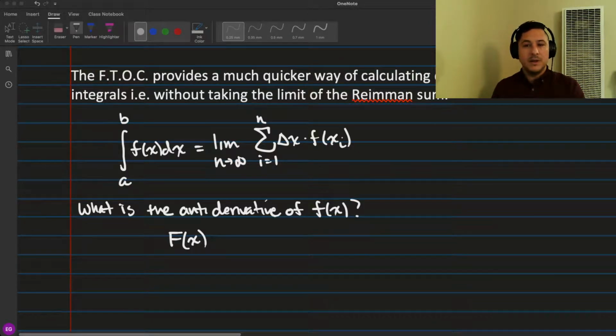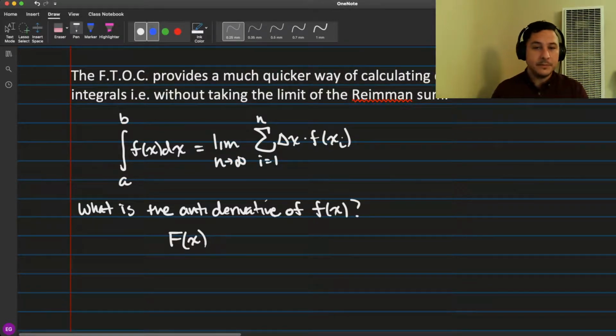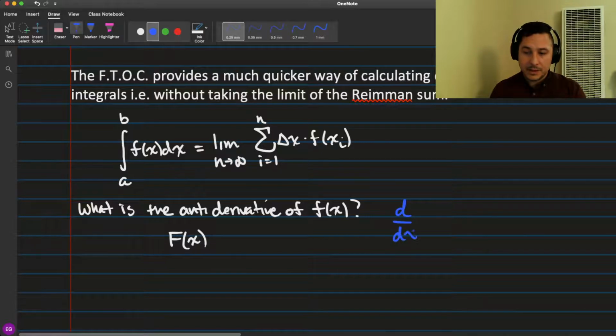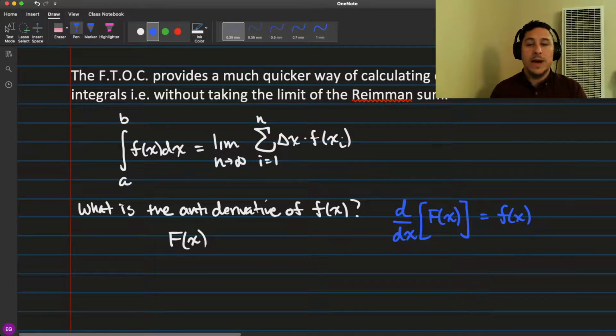You have to do something to big F and then it's equal to little f. Yeah, little f is the derivative of big F. So you know that big F is the antiderivative of little f if the derivative of big F equals little f.